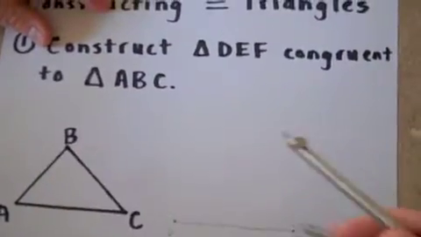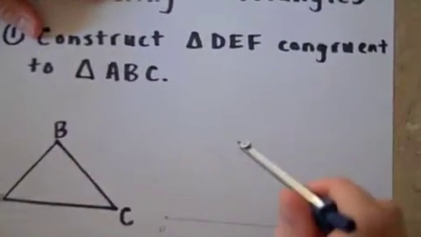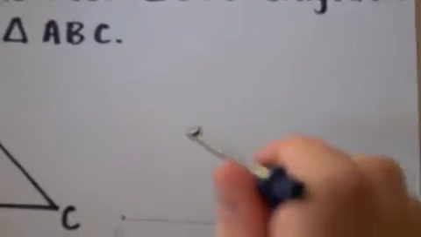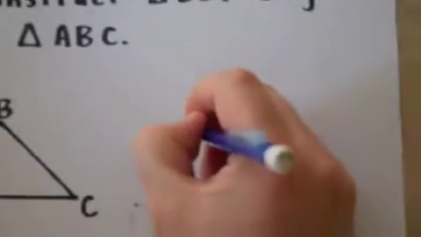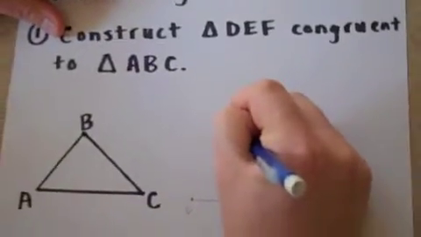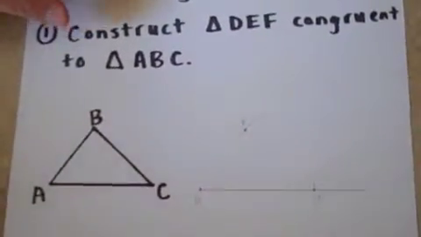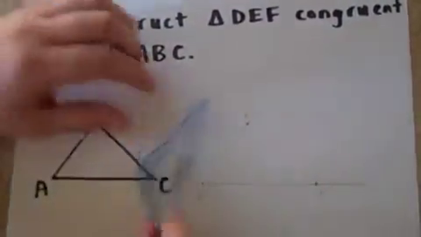Once we find that length, we put the point of the compass on F and make an arc that intersects the last arc that we just made. So we found our last vertex, that is point E. Draw a dot and label it point E. Now you just want to connect the dots.